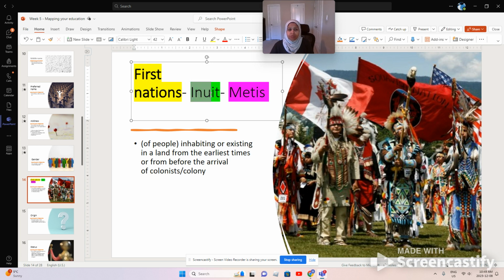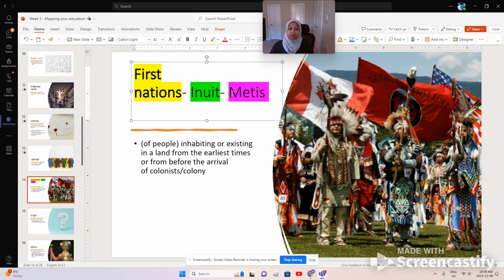Those are native or Indigenous people that have lived in the Arctic, and they live in igloos, which are small houses made of ice. They also feed on seals and whales and other animals that are native to that part of the world, in the Arctic.